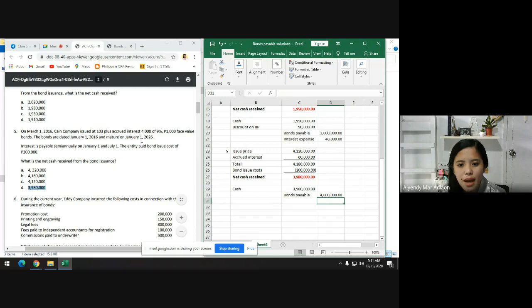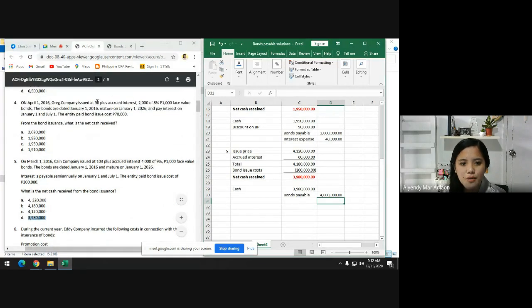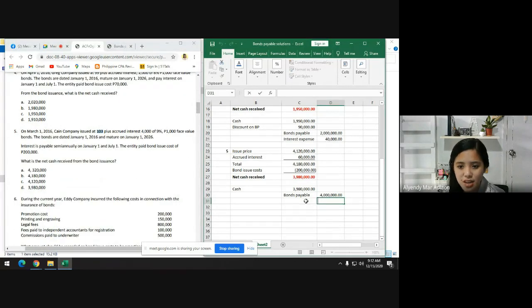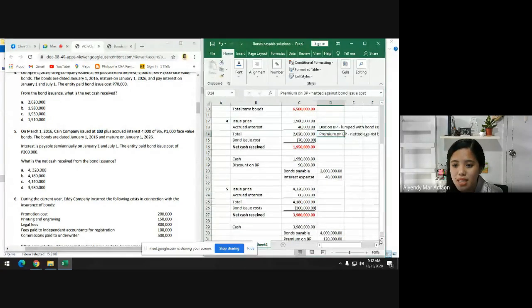Now, how about if there is any premium or discount? Kaganiha, below face value, so there is discount. Karon, above face value man, 103%, so meaning there is premium. So we are going to compute premium on bonds payable. So pila man ang premium on bonds payable? Since na may 3% nga patong, so 4 million times 3%. Now remember, ako ang lingon ganiha sa bond issue cost.